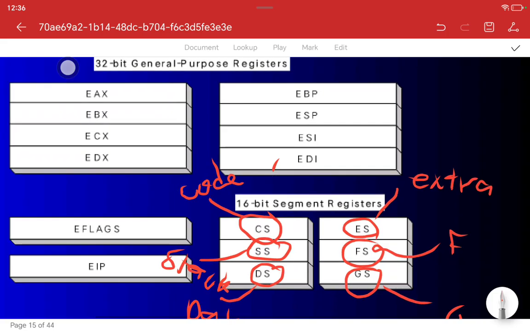Already we know that this one is a stack pointer and this one is the base pointer. So when we come to these two, obviously the stack pointer can be used somewhere there, and also the stack segment can be used with those registers. So we'll learn which one we use, and why and when we can use it.